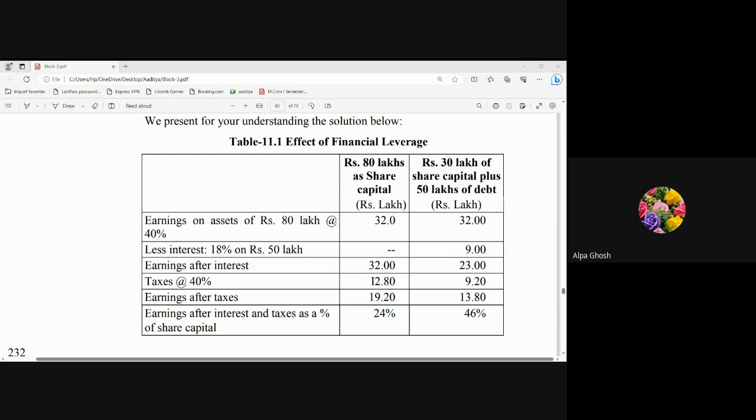Now, when you compare your earnings after interest and tax, what happens? For the first case, you can see 19.20 is 24%, and 13.80 is 46%. Did you understand?